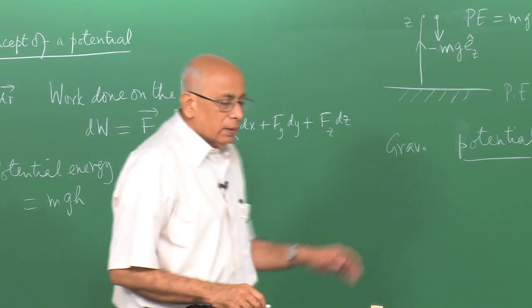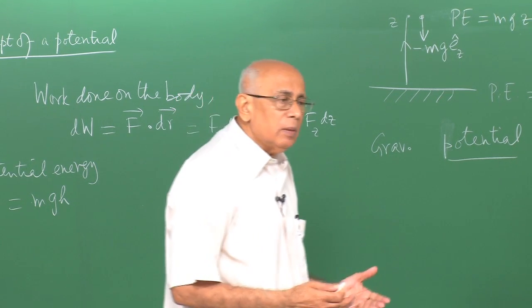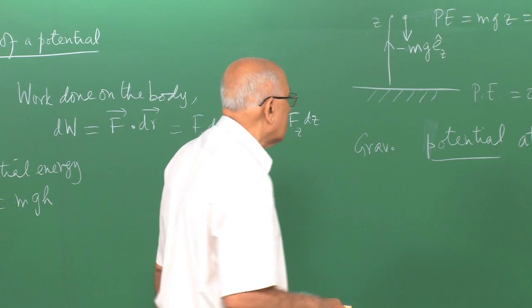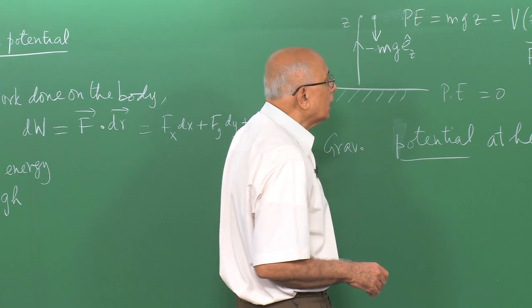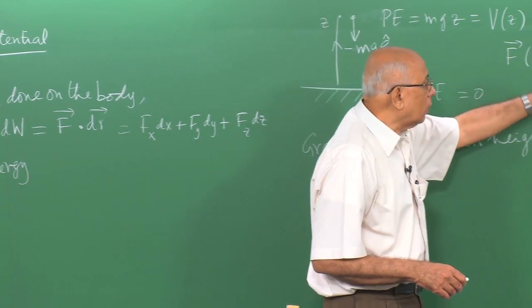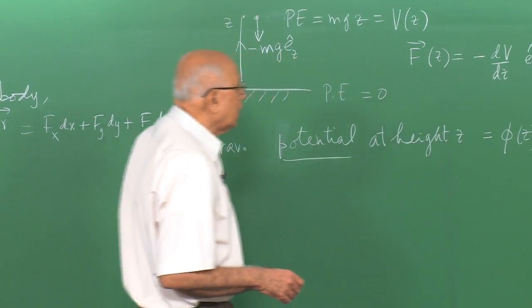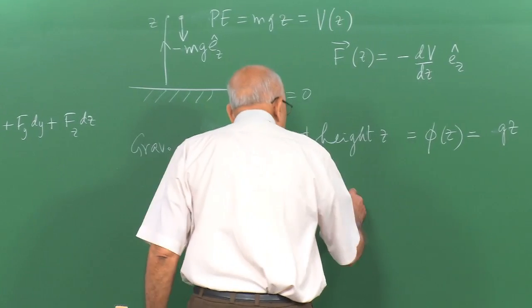So you could look at the potential in this sense as the potential energy per unit mass in this case. So you multiply it by the mass and you get the actual potential energy of the object, and the force of gravity on that object would be minus dV over dz. The force of gravity on any object would be m times the derivative of phi of z.